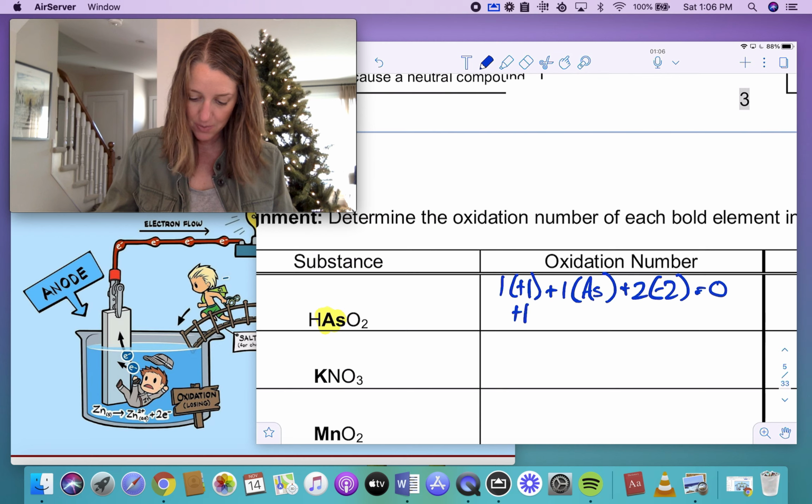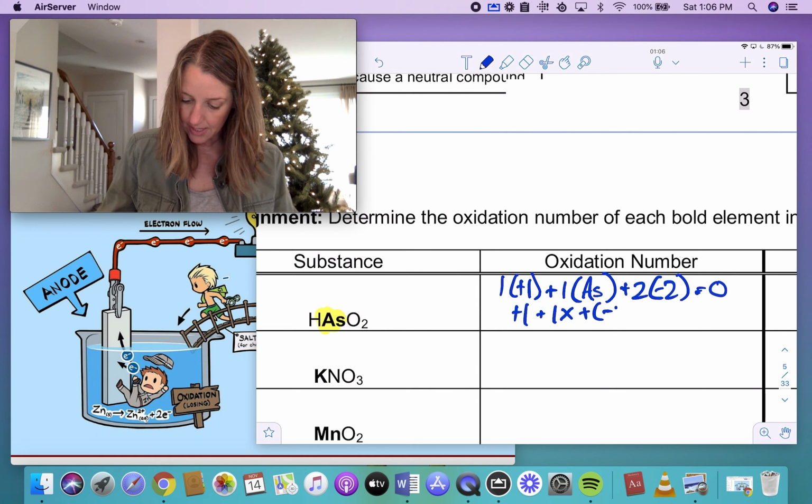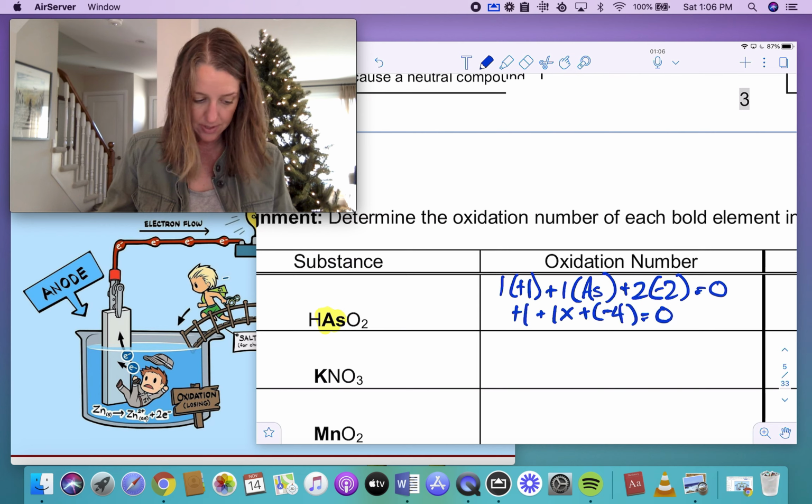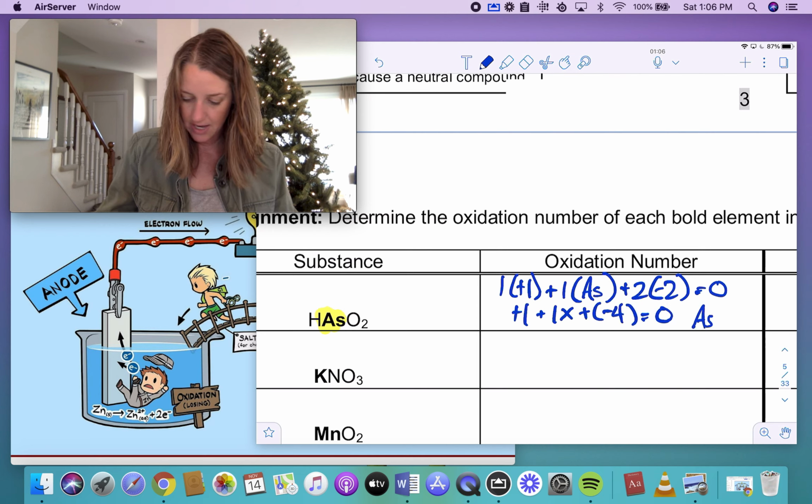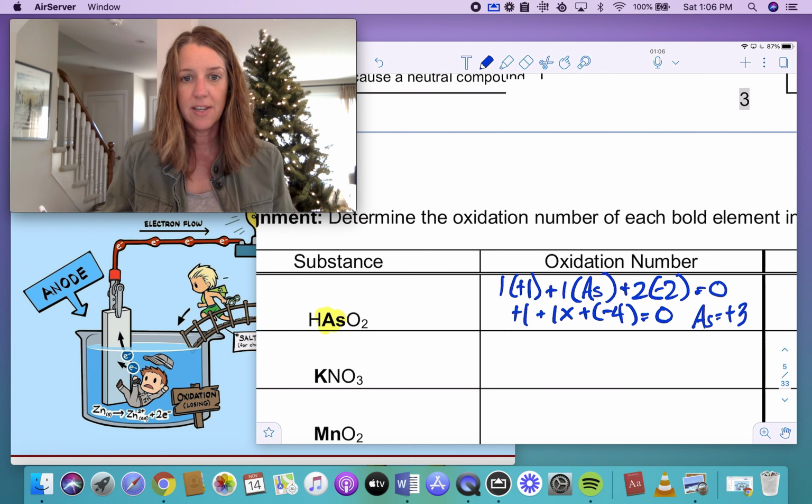So that's +1, plus x, plus -4 equals 0. As equals +3. And the oxidation number of my As is going to be +3.